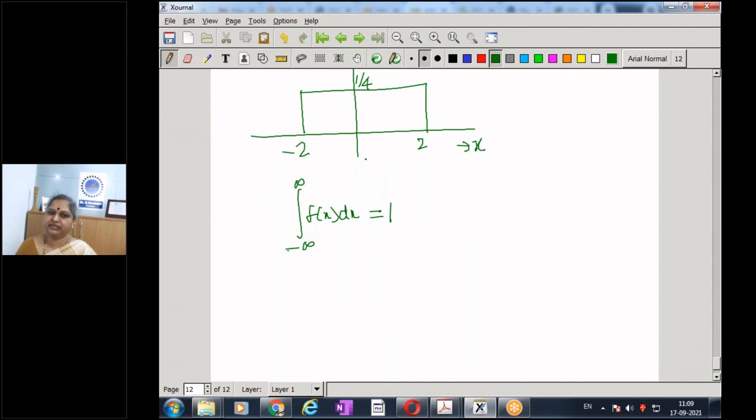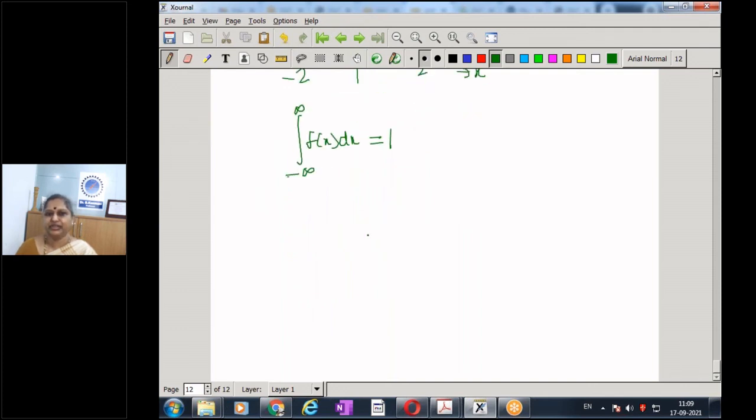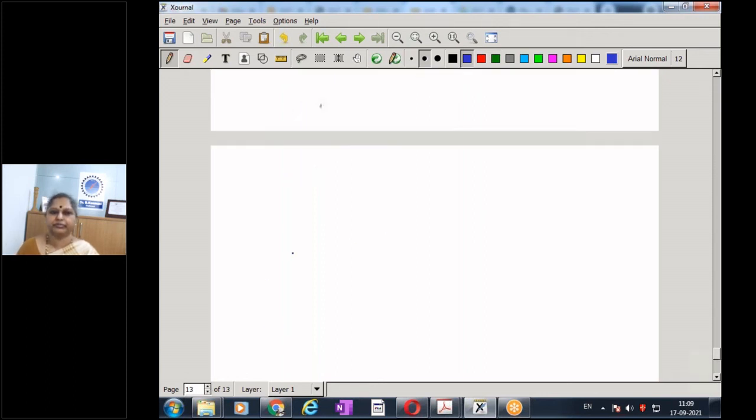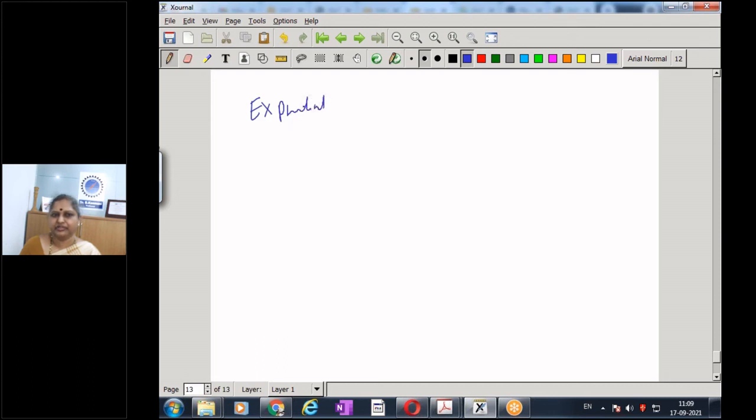Similarly, we have another distribution function known as the exponential distribution function, f of x, given by a e to the power of minus ax for x greater than or equal to 0, and 0 for x less than 0.